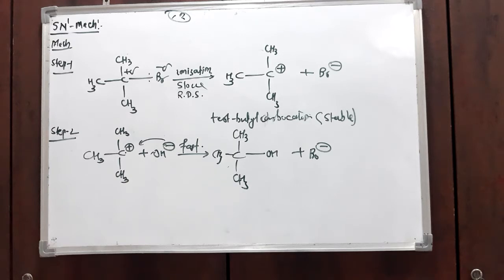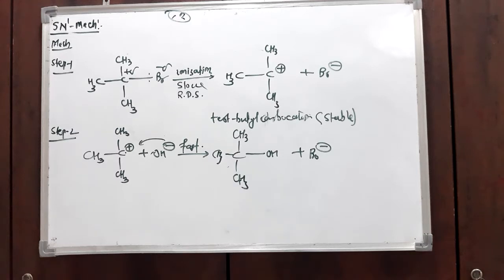Okay, and another difference is that in SN2 the reactant and product both are optically active. If the reactant is optically active, then the product is also optically active, but with inversion of configuration, okay, that is the meaning.